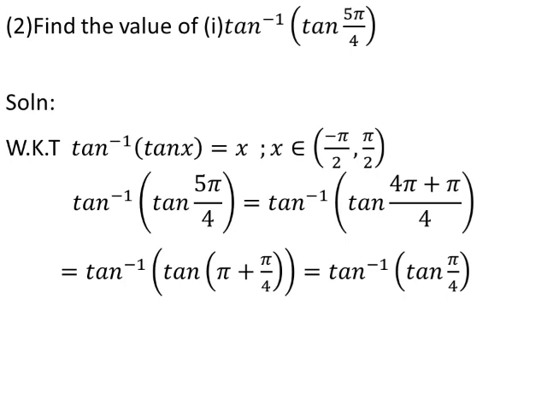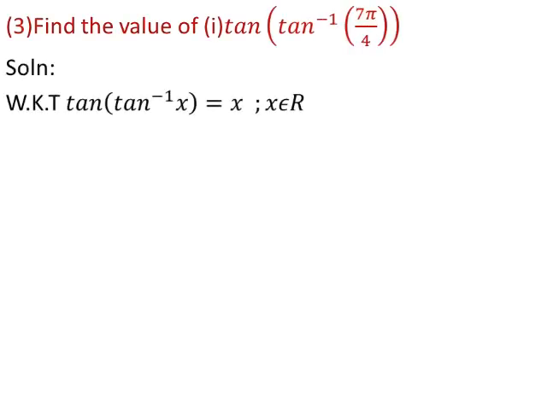So you can write it as tan inverse of tan pi by 4. It is equal to pi by 4, because now it is of the form tan inverse of tan x, which is equal to x, where x lies in the interval minus pi by 2 comma pi by 2.